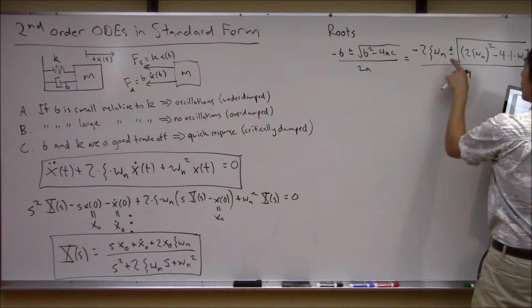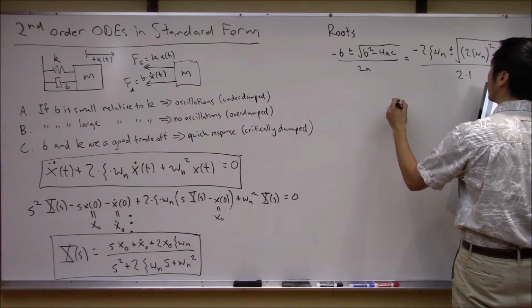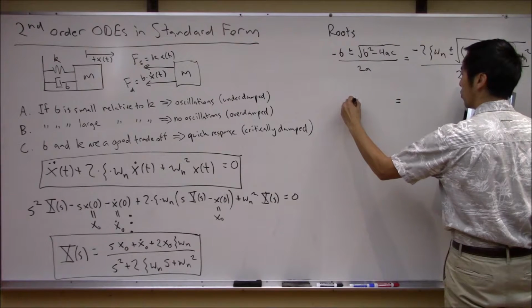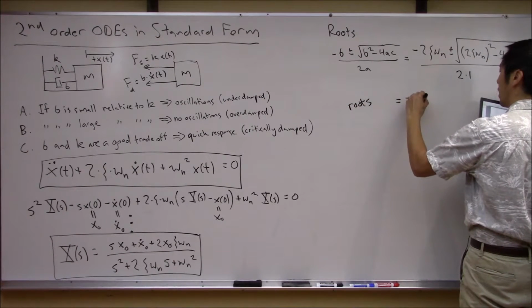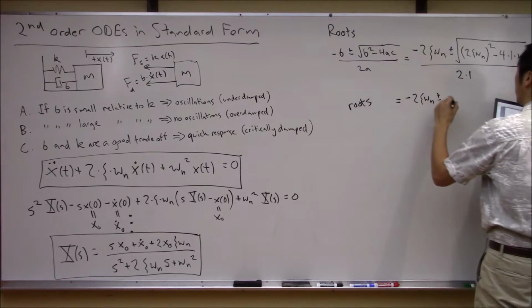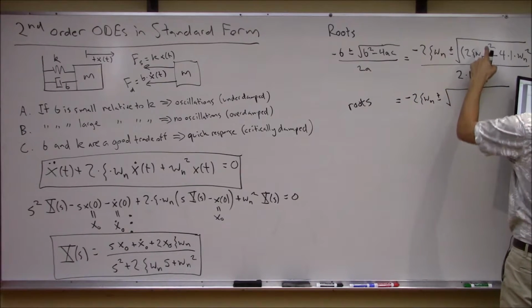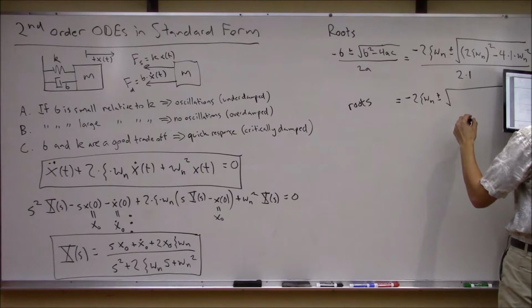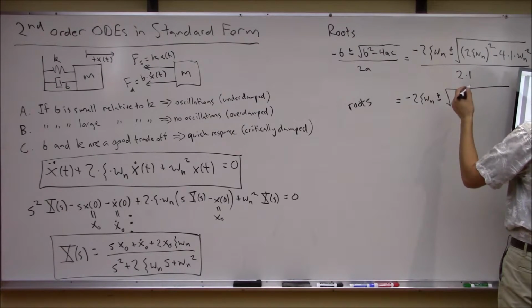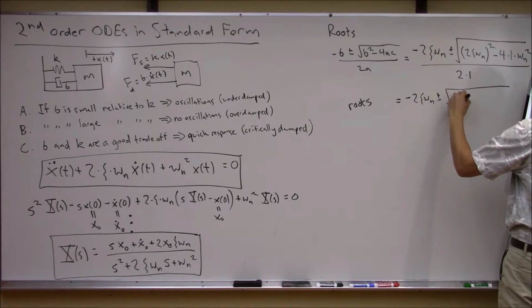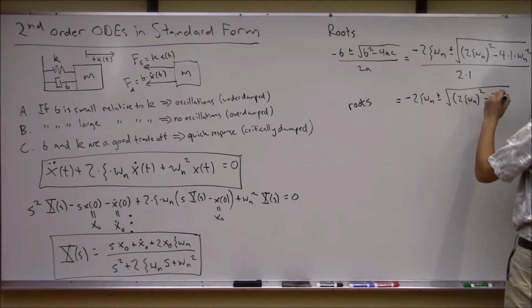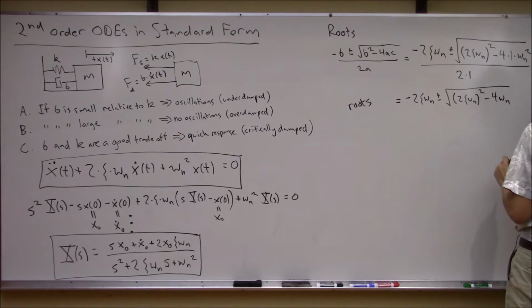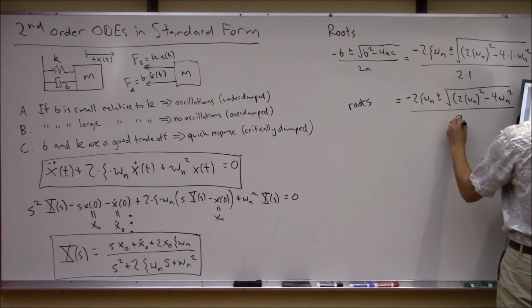Great, okay, so you massage this around a little bit, and we're finding the roots of the characteristic equation, which are basically minus 2 zeta omega n plus or minus the square root of, well, I'll tell you what, let's leave it like this: 2 zeta omega n squared minus 4 omega n squared, like that, all over 2.